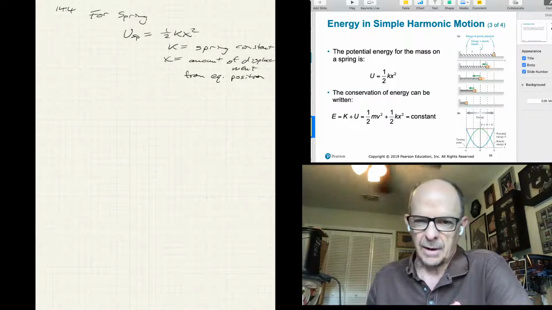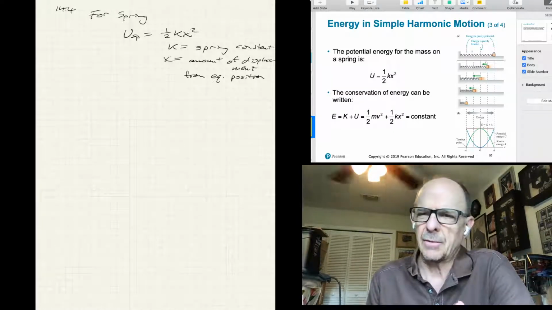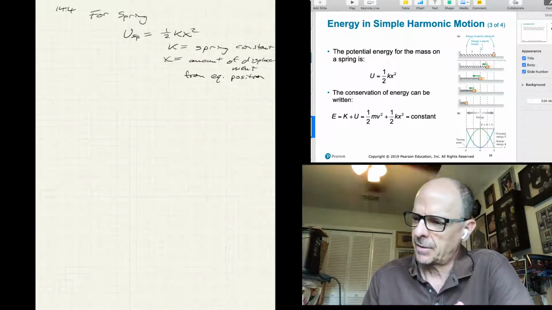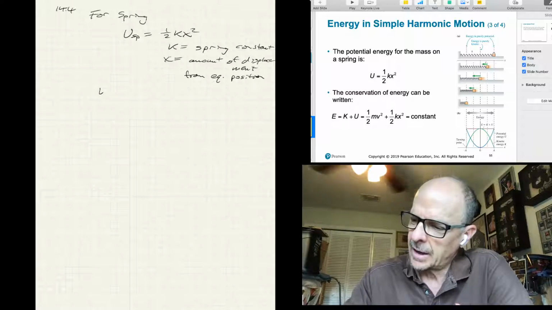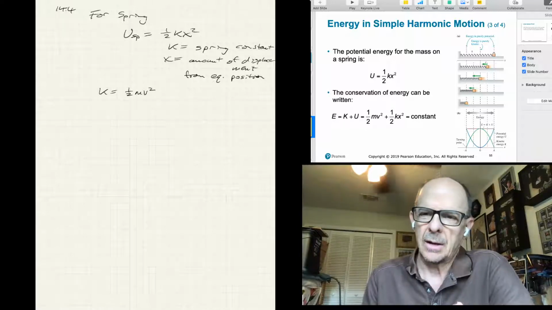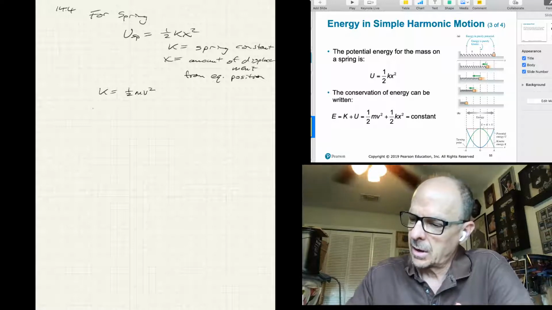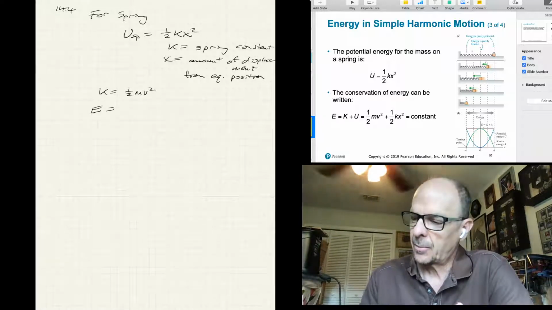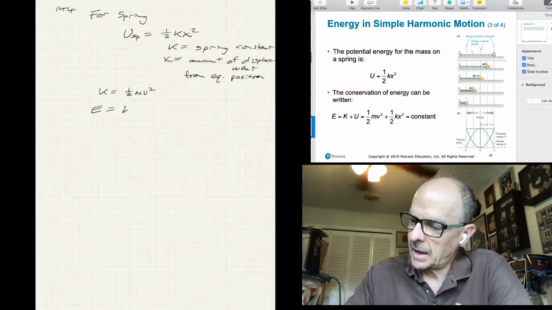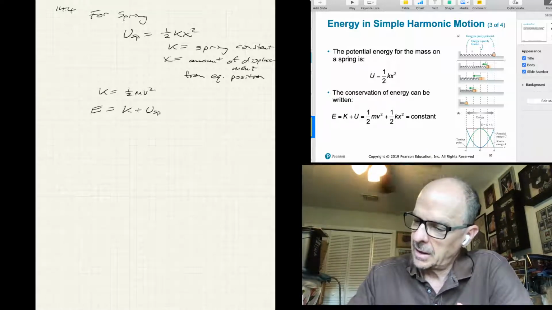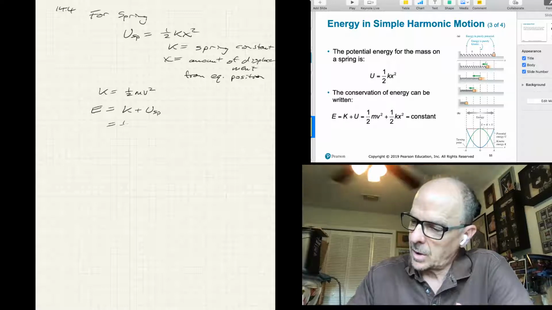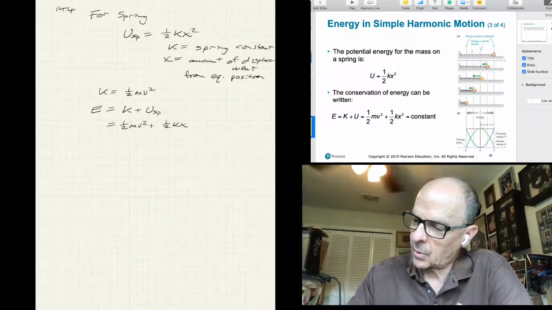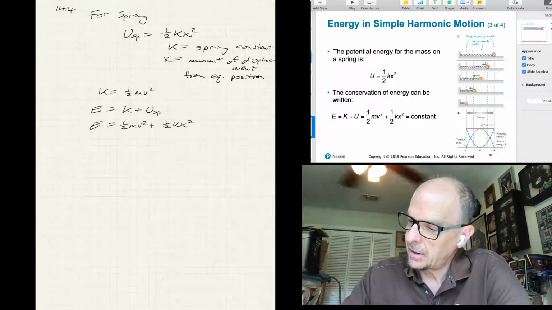And here again, you see the potential energy for a mass on a spring is given by 1/2 kx squared. Of course, kinetic energy is 1/2 mv squared, and the total energy, for example, of an oscillating mass on a spring is K plus U_sp, which is just going to be 1/2 mv squared plus 1/2 kx squared, and that energy is constant.